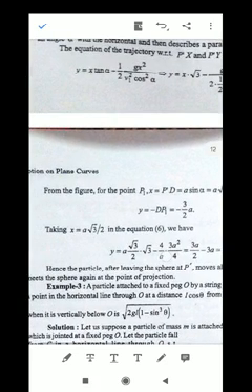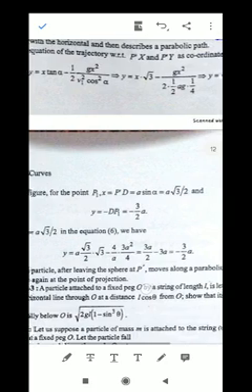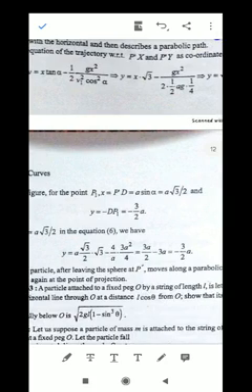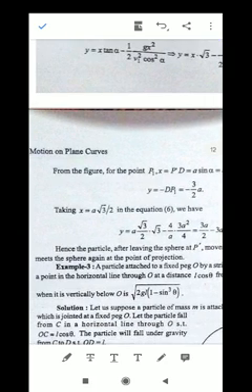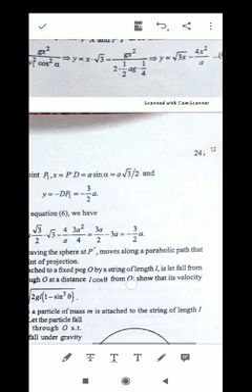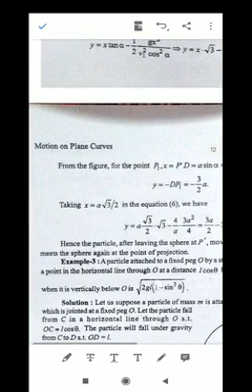So putting x equal to a root 3 by 2 in equation 6, we have y equal to minus 3 by 2 a. Hence the particle after leaving the sphere at P dash moves along a parabolic path that meets the sphere again at the point of projection. This is what we had to prove.